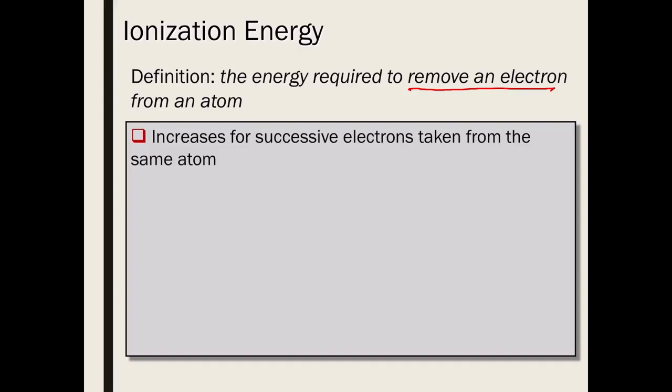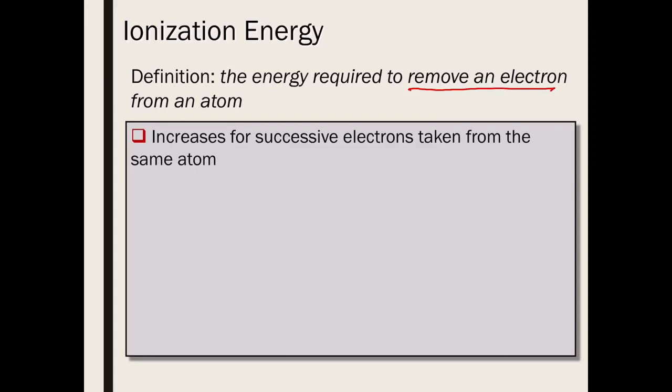Ionization energy increases for successive electrons taken from the same atom. What that means is that the first electron may be easy-ish to take off. The second electron will always be harder. The third electron will always be harder. The fourth electron will always be harder.